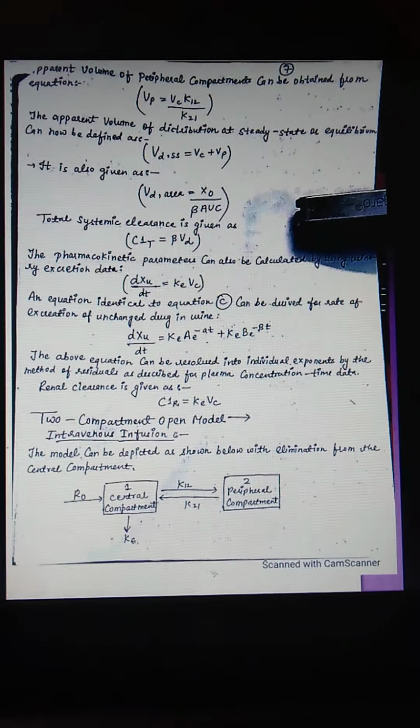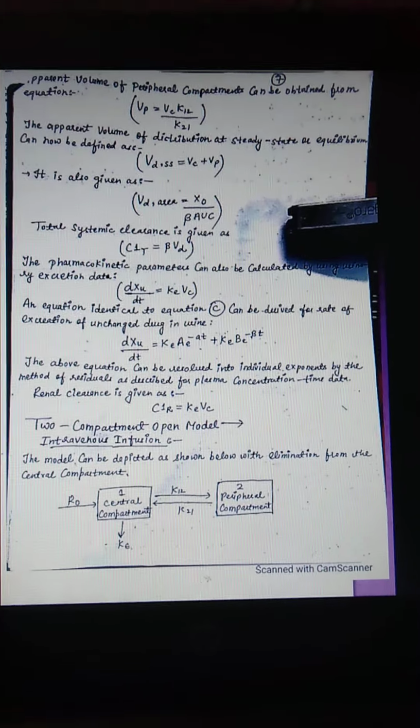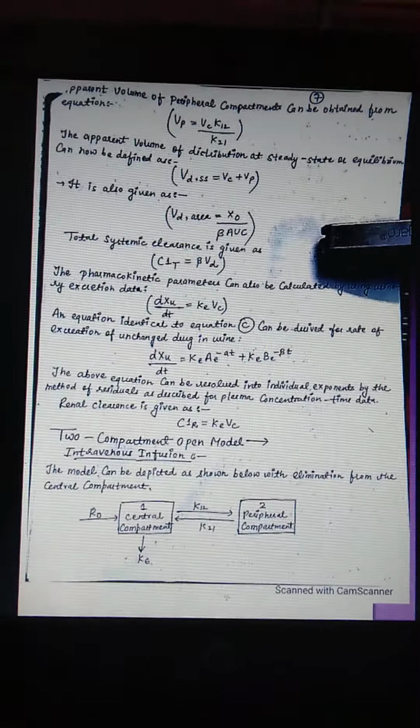Here comes the two compartment open model with IV infusion.